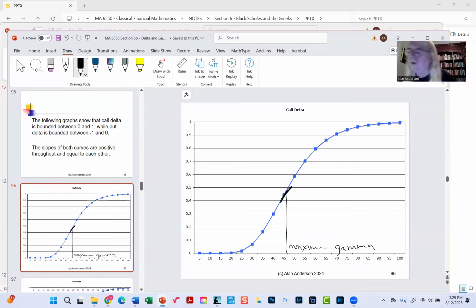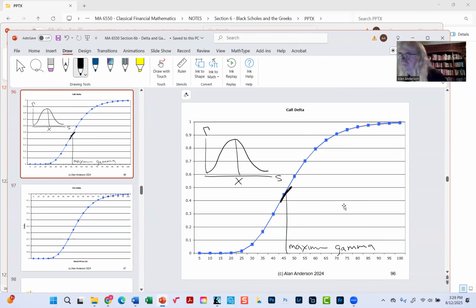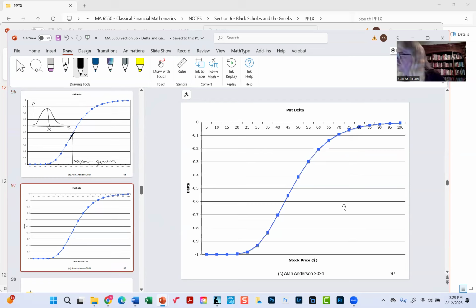And that's what accounts for the graph. As you saw last time, it looks something like this. This is the strike price. And that, of course, holds true because while the signs are different, the slopes are the same because they only differ by a constant. Remember that delta P is nothing but delta C minus 1.